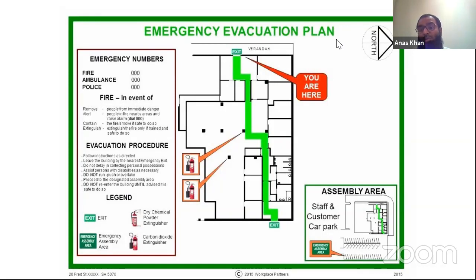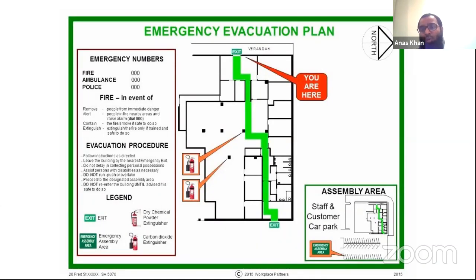Similarly, those who work in powerhouses, for example at the Yanbu power plant, there is a possibility of an electrical emergency. So we need to identify all possible emergencies, then develop a plan for each emergency, define the roles, and then practice this plan.